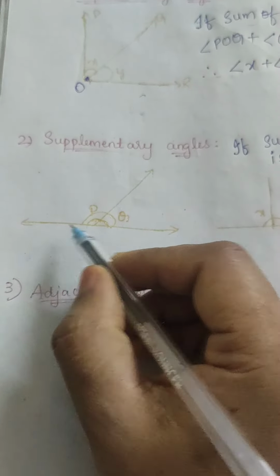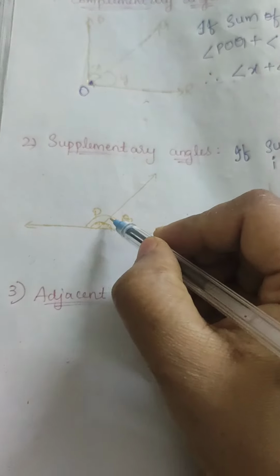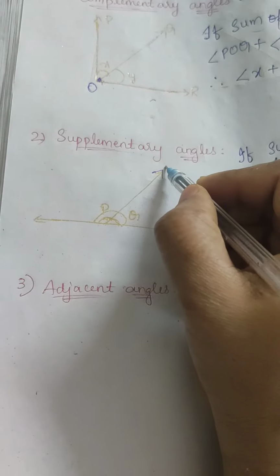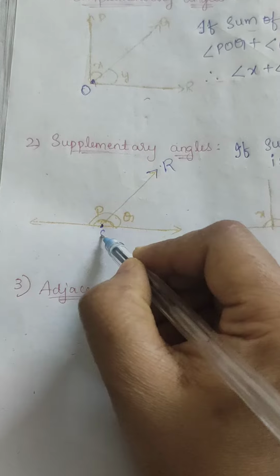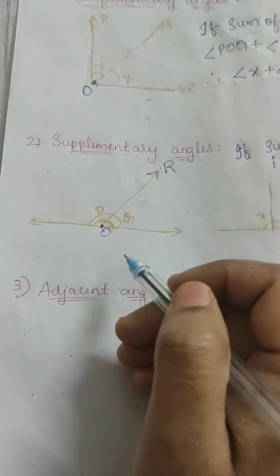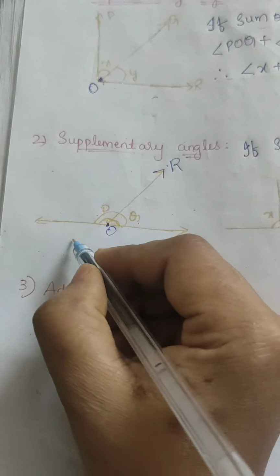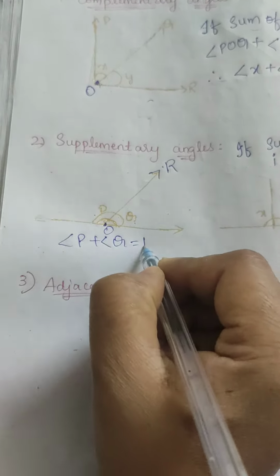Here we have a straight line and we have divided it with an arm, let it be R. This is the vertex O. Now angle P plus angle Q should be equal to 180 degrees.